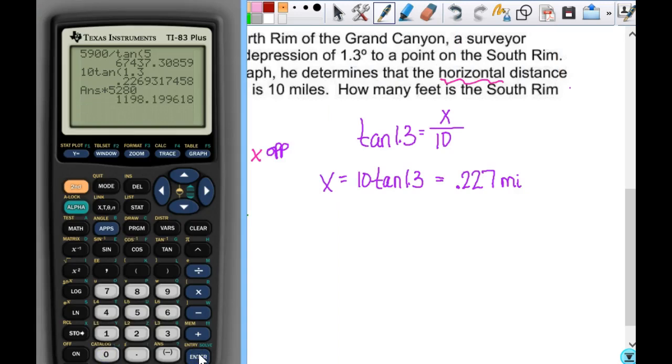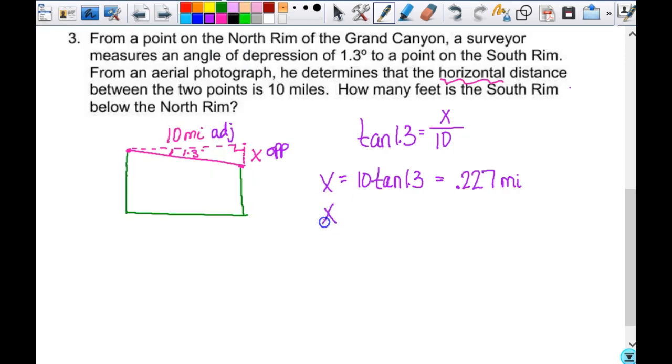Then let's talk about rounding. 1198 point what? 200, because those zeros tell you there's something else out there. That's feet, right? So that is, let's see.